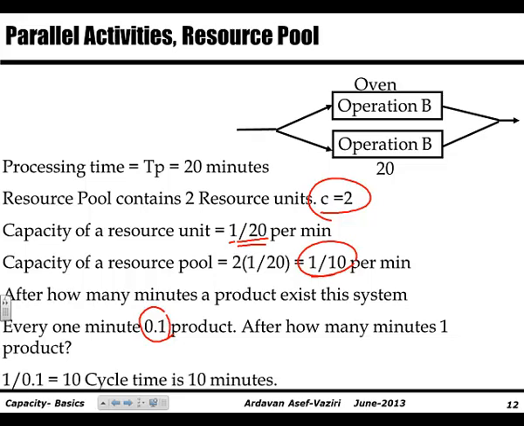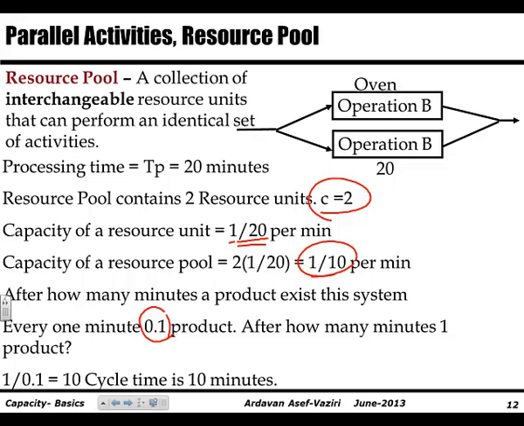Cycle time for this operation is 10 minutes. Now we define a new concept. A resource pool is a collection of interchangeable resource units, first oven, second oven, that can perform exactly the same set of activities. They both are able to do operation B.